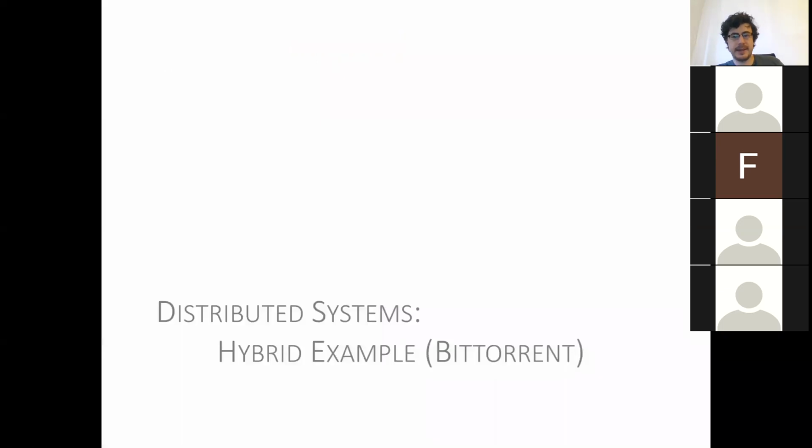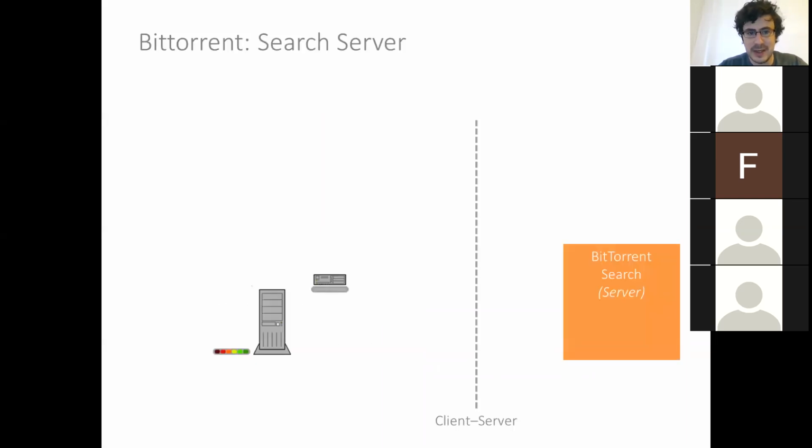So let's talk about a real distributed system. BitTorrent is sort of the classical peer-to-peer file sharing system, right? But it's not entirely peer-to-peer. What I really want to get across through this example is a little bit about how the distributed system works, but also the fact that these pure abstractions often, practical systems will use a mix of different elements of these architectures.